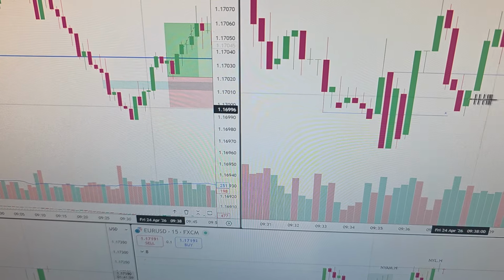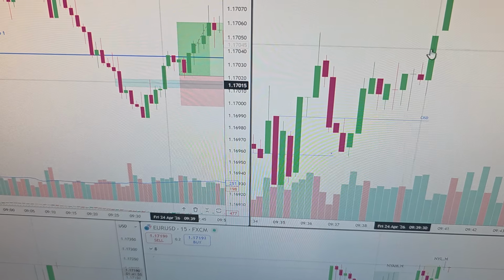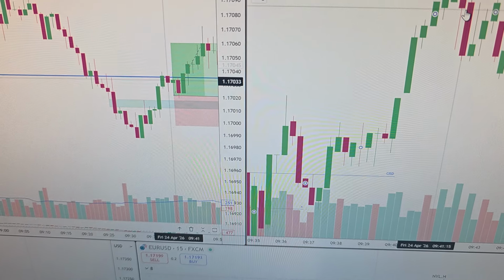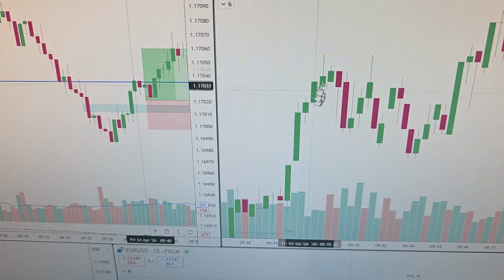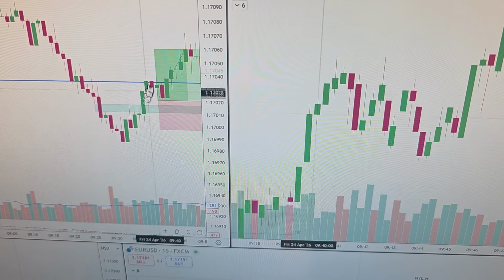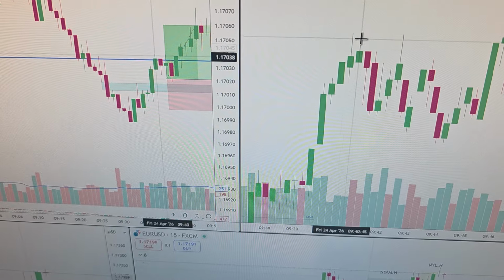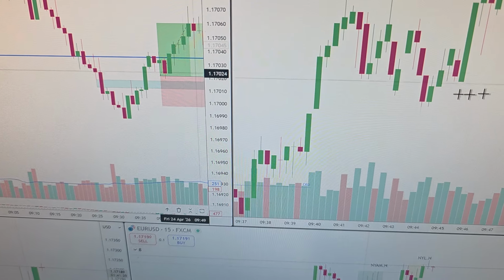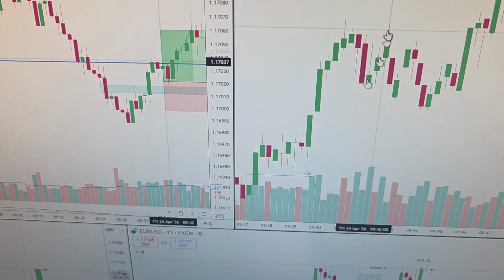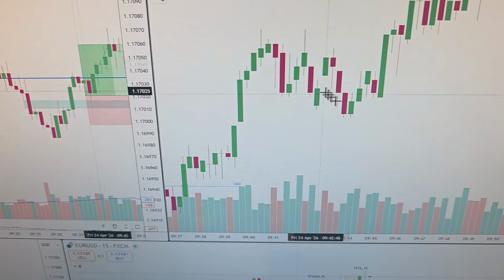We come back down, and the inversion doesn't happen until the 15-second goes all the way up here. That right there is this right here. And then we have a little dip. Nice little internal liquidity being built right here.